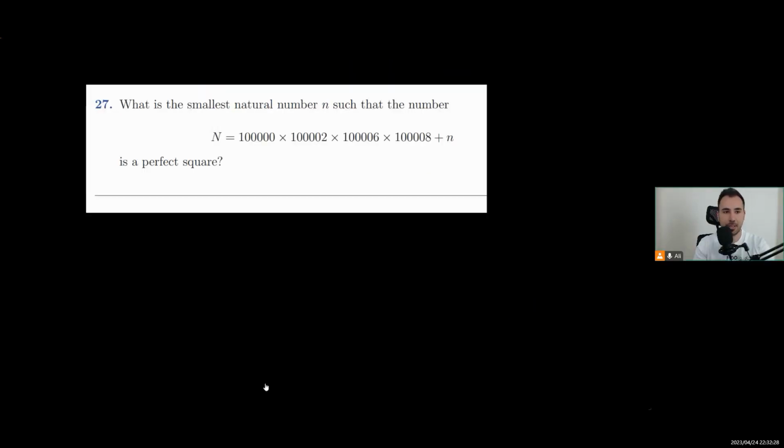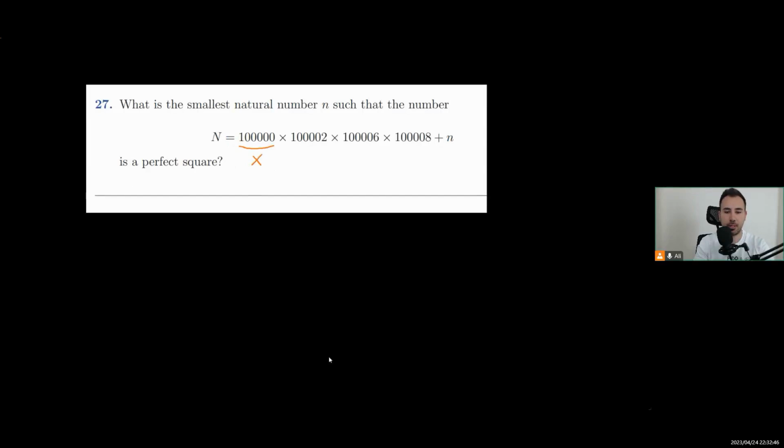Okay, let's go and do question 27 together. What is the smallest natural number n such that this number is a perfect square? Instead of this, I'm going to write x.